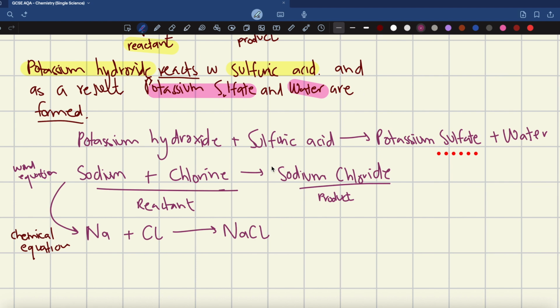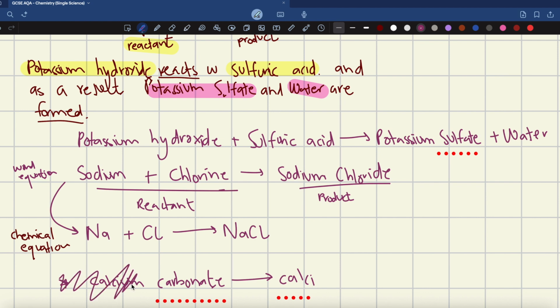Another example of a word equation, a very famous one, shows up multiple times in your past paper, is calcium carbonate breaking down to form calcium oxide plus carbon dioxide, right?